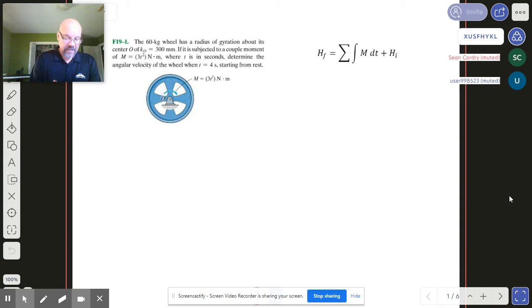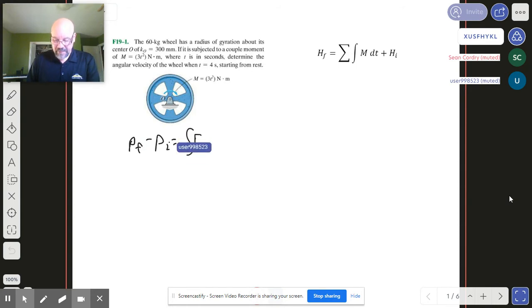Specifically, what we were dealing with when we did momentum before was we would write something like: our final momentum, let me write it just a little bit differently, minus the initial momentum was equal to an impulse.